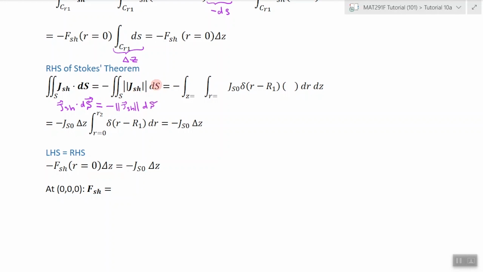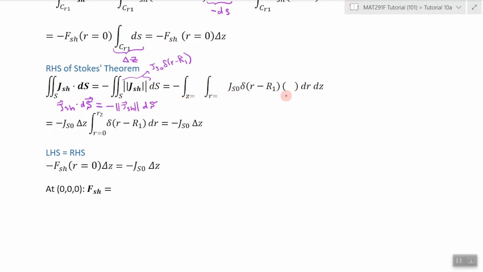That's how I got this guy. Here, what I did is I plugged in the expression for the magnitude of J sheet, which was JS0 delta(R minus R1). You can check on the previous page.